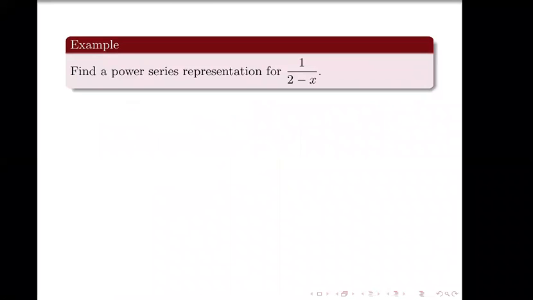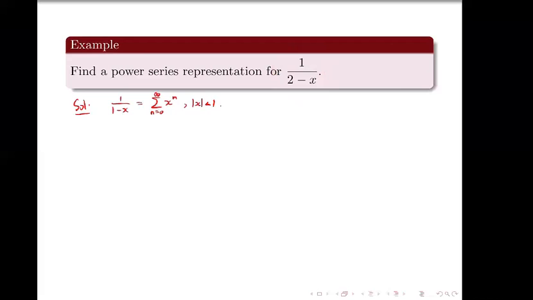Next example here. Find the power series representation for 1 over 2 minus x. Solution. Again, this is what we know. 1 over 1 minus x is the sum of x to the n, from 0 to plus infinity, provided that the absolute value of x is less than 1. Now look at this.